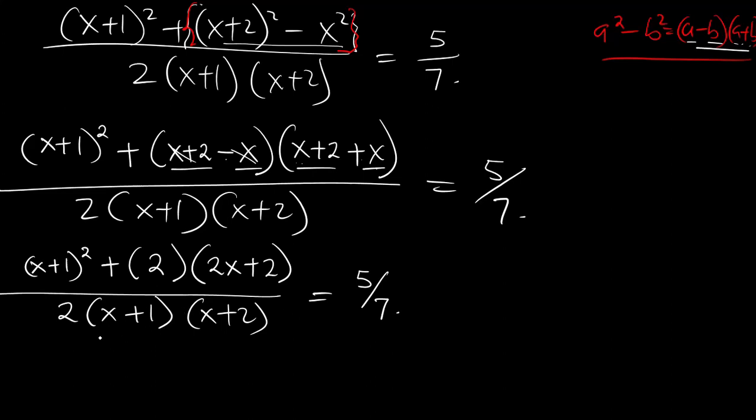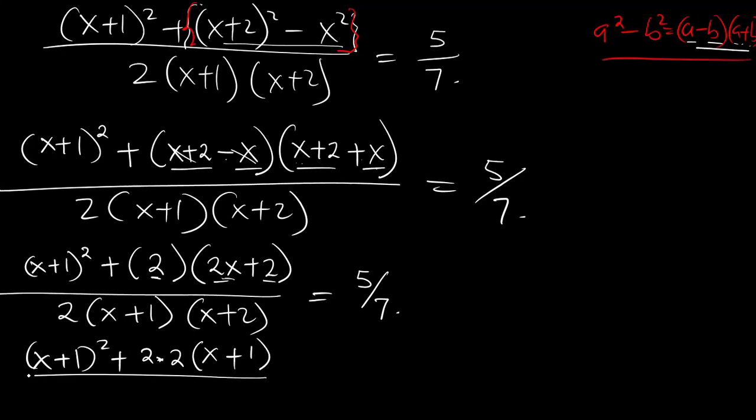Now if you look at this critically again, you see there's a common factor here, which is 2. So you factor out 2, use it to multiply this, which is 4. So you have (x plus 1) all squared plus, if I remove the 2 from here and use 2 to divide this, you have x plus 1, divided by 2 into (x plus 1)(x plus 2) equal to 5 over 7.